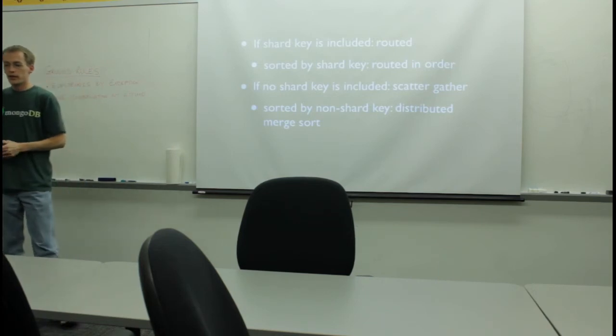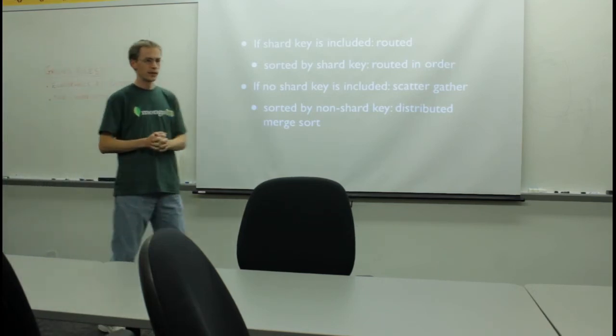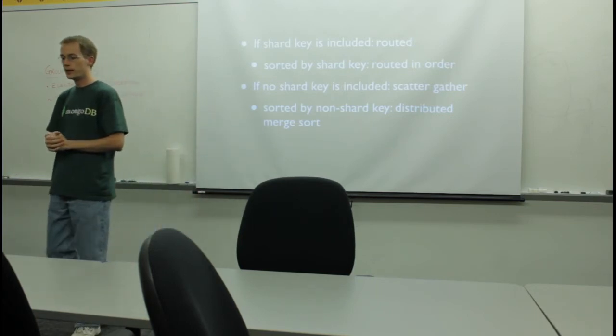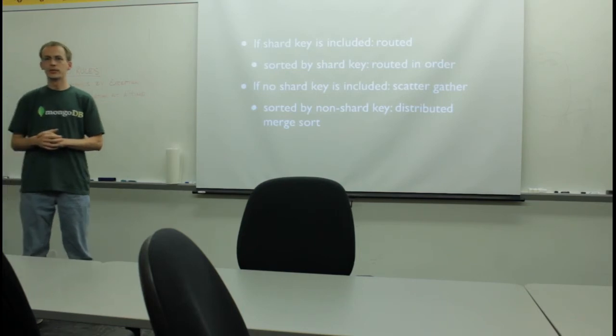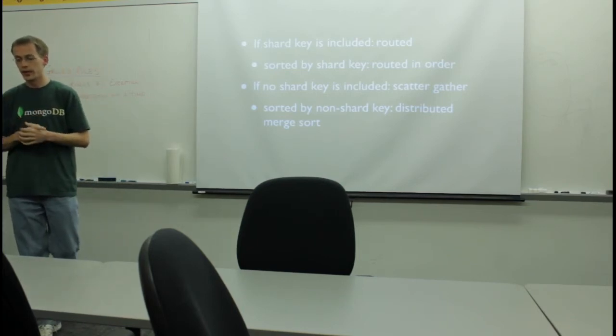With queries, it's the same, but it's a little more interesting because oftentimes when you're querying, you want to sort as well. And sorting can be interesting in Mongo. It hides it all from you, but let me go through how it actually works.